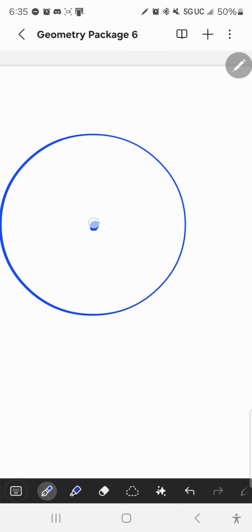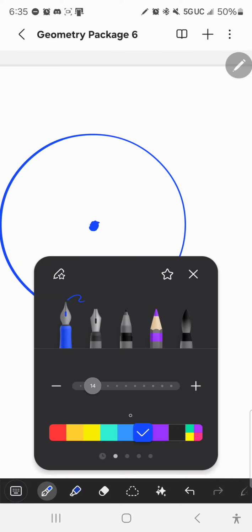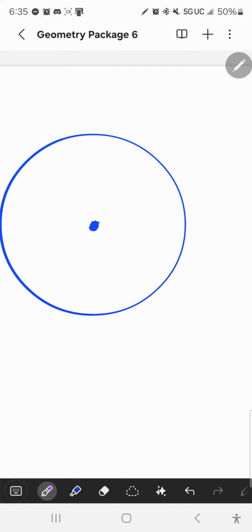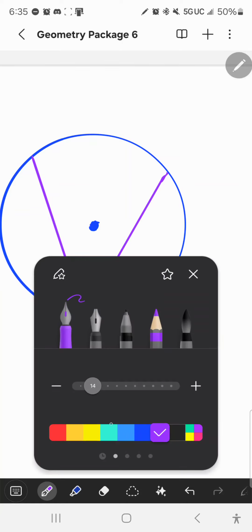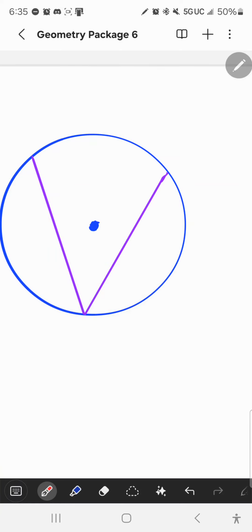Then we have this angle right here. We also have this one right here.